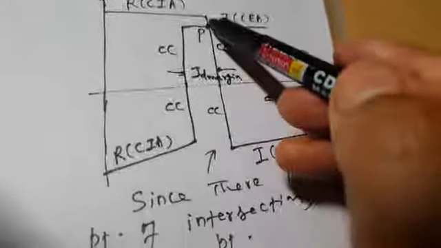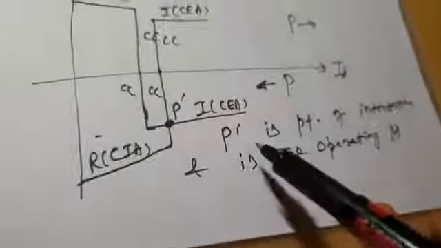Here rectifier current is higher than inverter current. Here inverter current is higher than rectifier current. So therefore this operating point we have obtained by swapping the CC characteristics of rectifier and inverter.